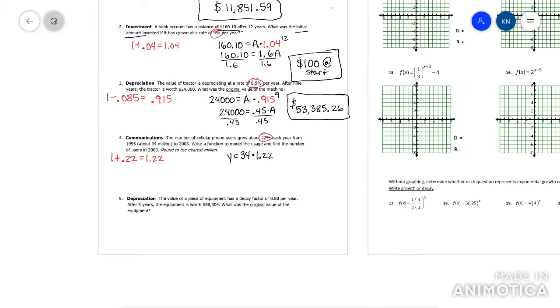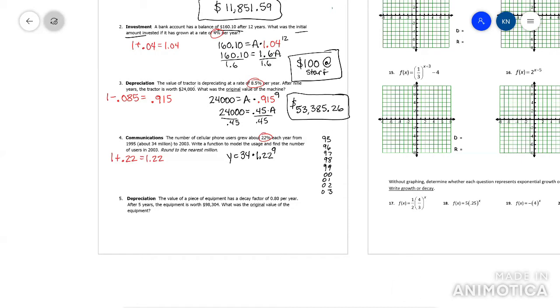Well, from 95 to 2003. So 95, you got 96, 97, 98, 99, 2000, 01, 02, 03. So that's 9 years, right? Be careful not to just subtract those and assume it's 8 years. Whenever you're in doubt, just write it out over here. It's 9 years. So that's your time.